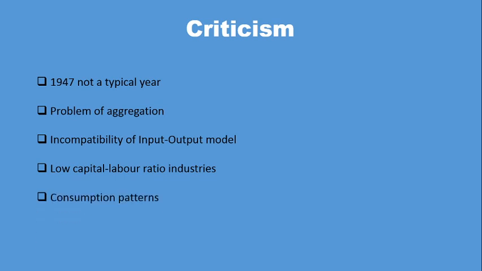The Leontief paradox does not take into consideration the impact of consumption patterns on US exports and imports. Next point is durability of capital. Leontief failed to take into account the difference in the durability of capital in various industries.